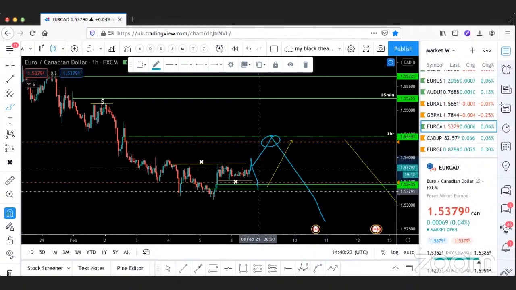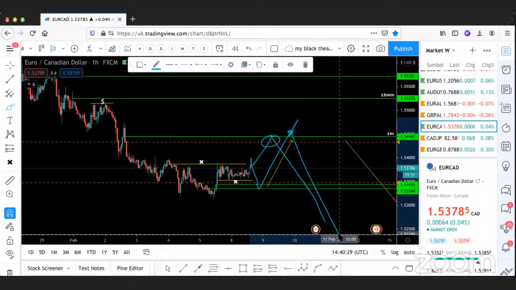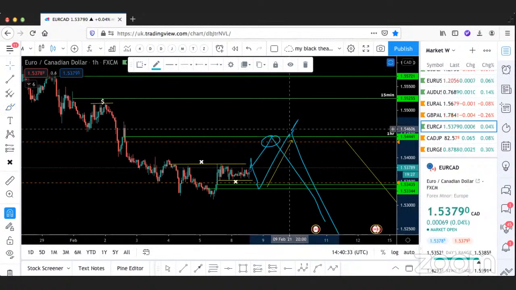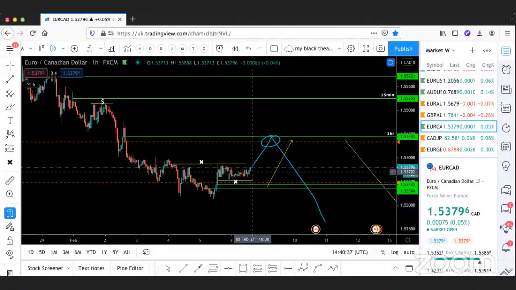Possibly we could anticipate the price to come up here, then we could take the pair downside. But for now, I'm anticipating only sell opportunities on EURCAD. This is what I'm anticipating now on EURCAD.